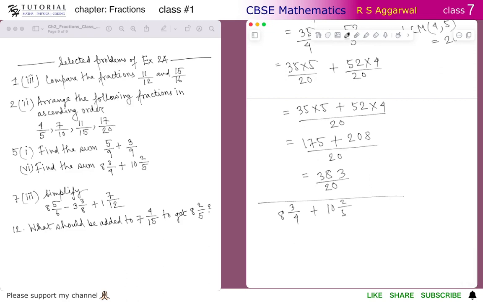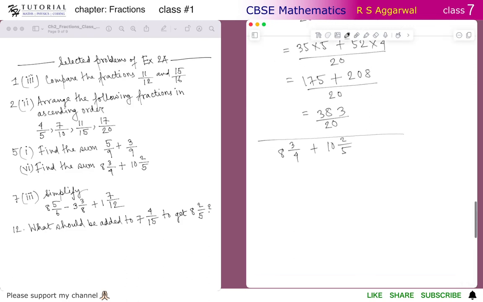2 by 5. We know that the mixed fraction 8 upon 3 by 4 is basically 8 plus 3 by 4. We know this. Also, the 10 upon 2 by 5 is 10 plus 2 by 5. Now we can individually add the two natural numbers.